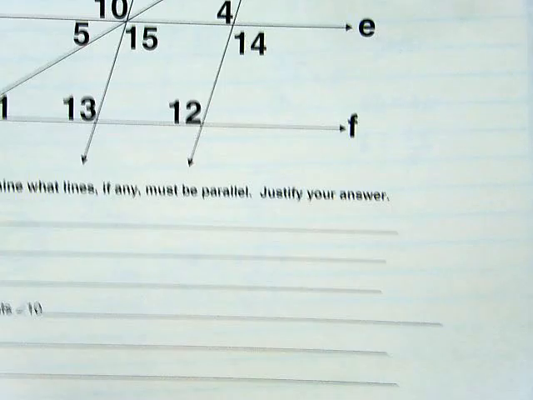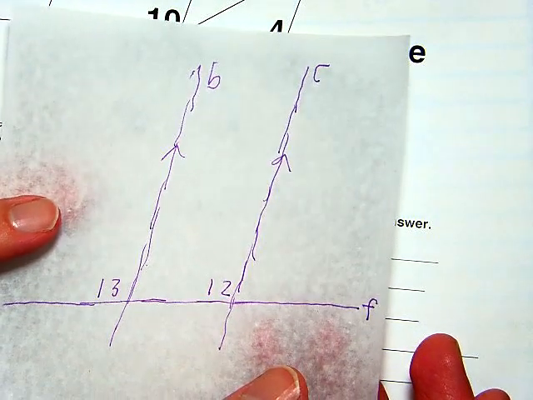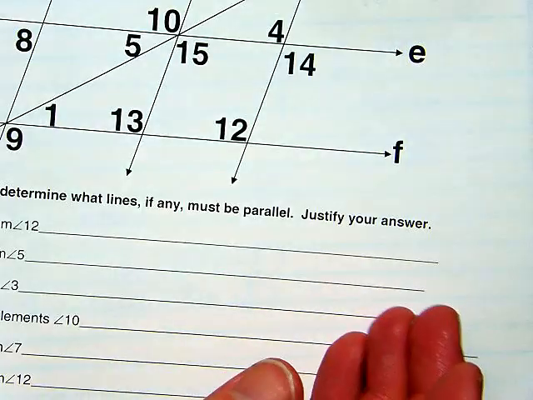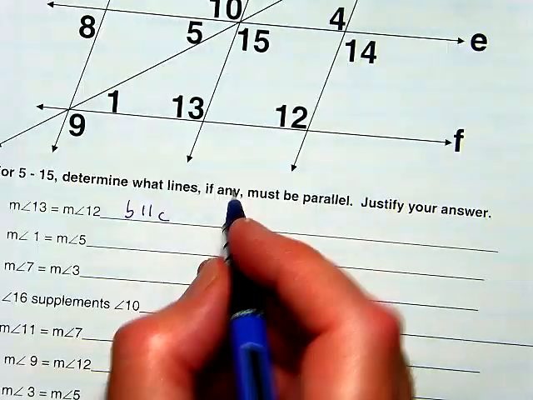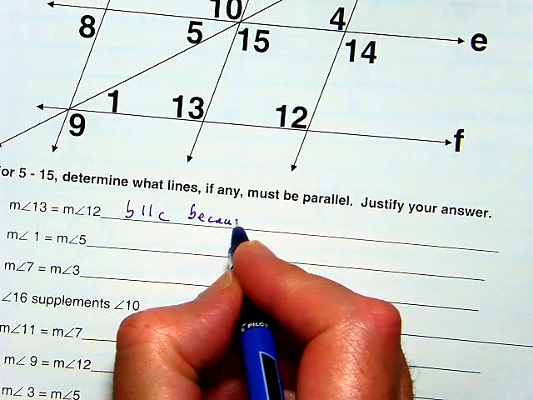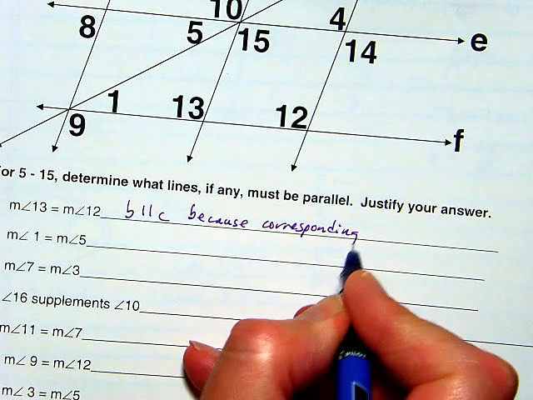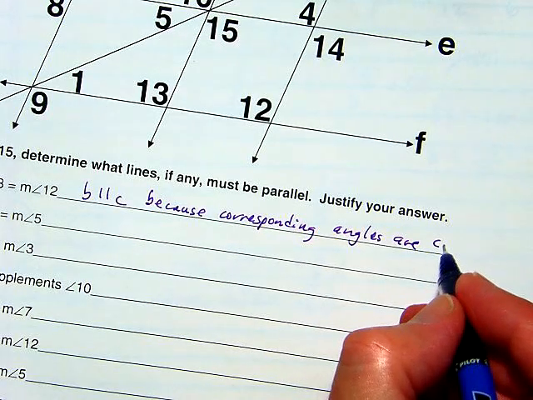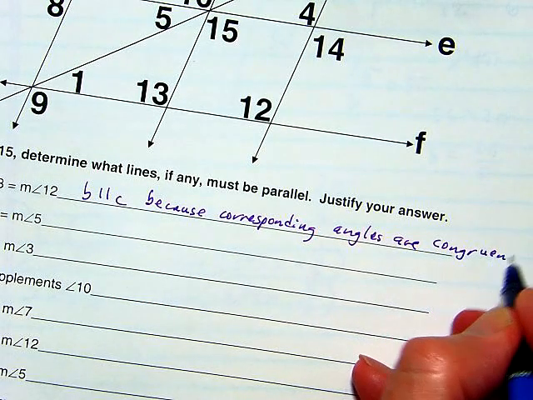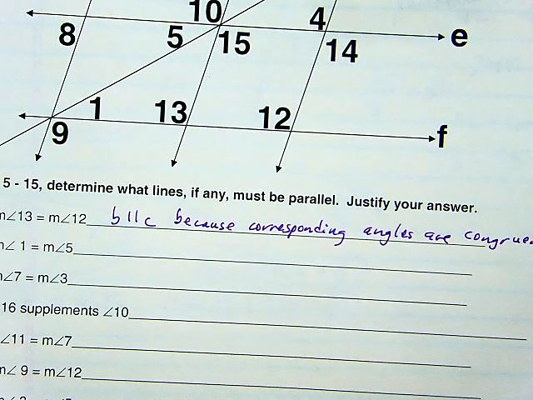So we can say that the lines that must be parallel, and which 2 lines should be parallel in this case then, are B and C, right? Because F is a transversal. So B is parallel to C, and the reason is because corresponding angles are congruent, which implies that the 2 lines B and C must be parallel.